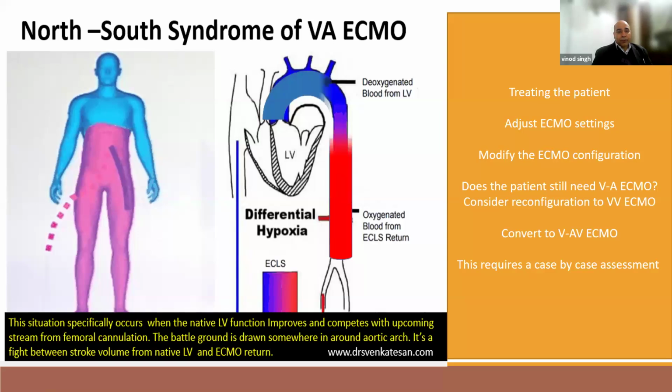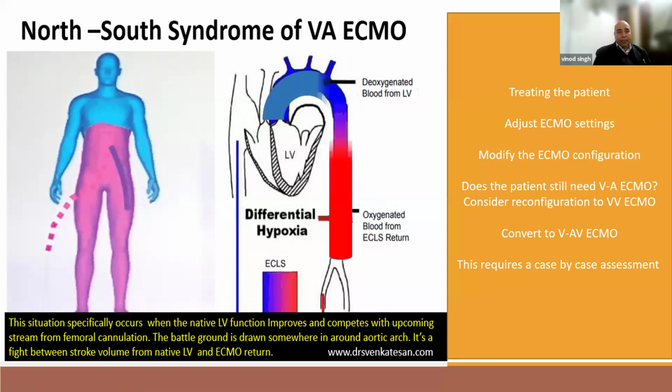So what option do we have if your patient has got Harlequin syndrome or North-South syndrome? Now, what can we do? The first thing we can do is decrease the ECMO flow. That will improve the mixing.